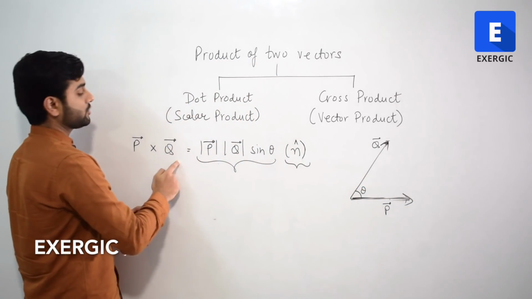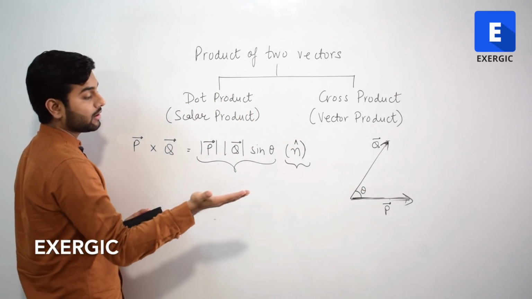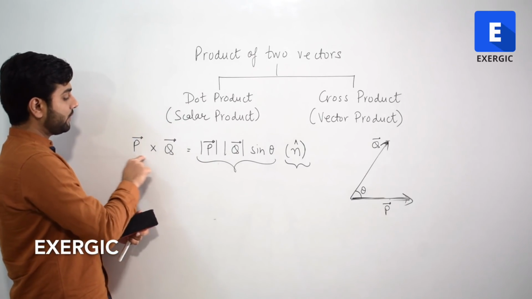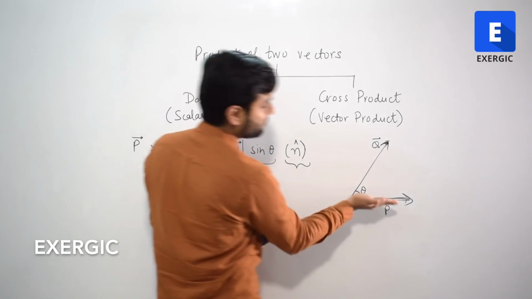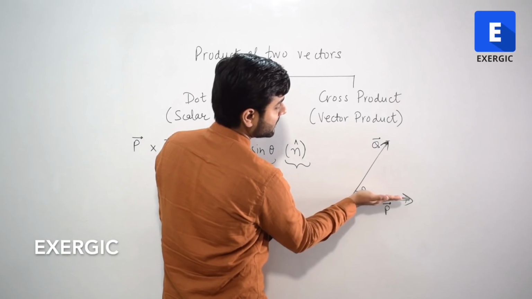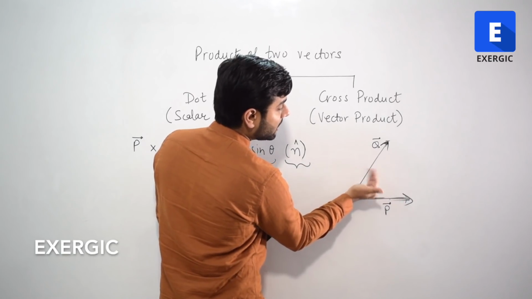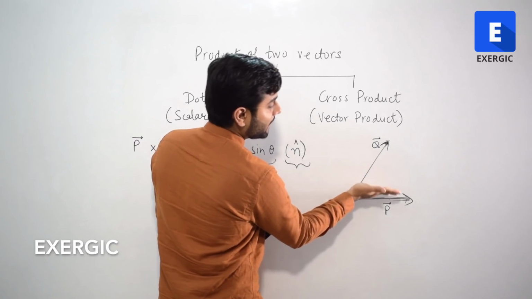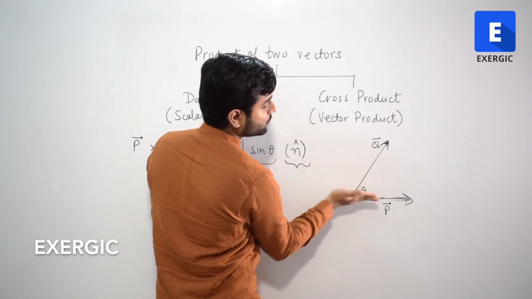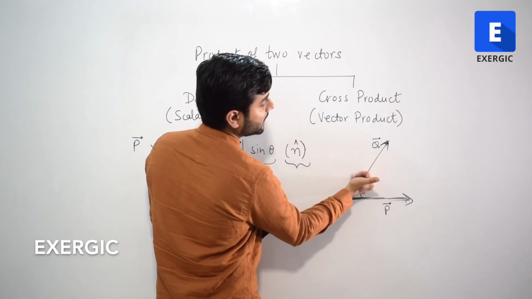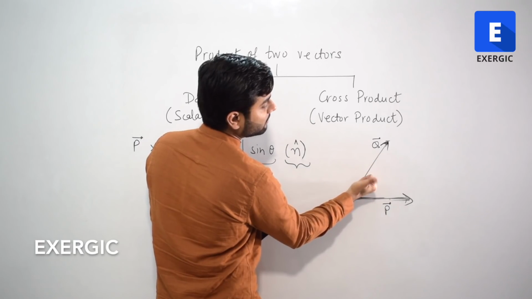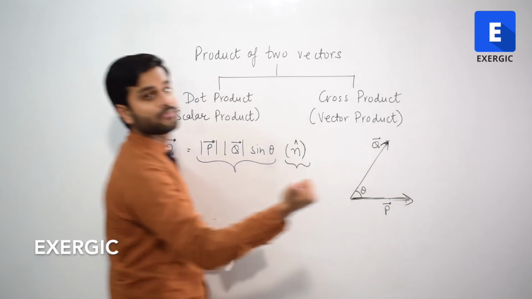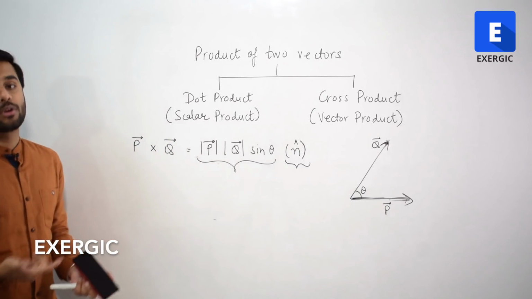Since it is P cross Q, you need to align your hand in the direction of the first vector, which is P. So in the direction of P I have placed it. And now I will curl it, make it a fist, by curling it along the direction of Q. So P is here. If I move it along the direction of Q, the direction of the thumb will represent the direction of the resultant cross product vector.